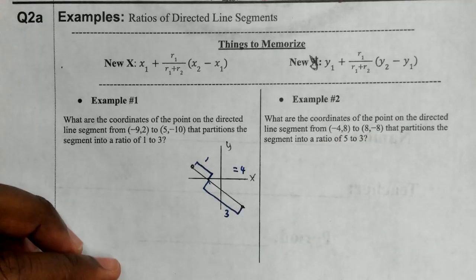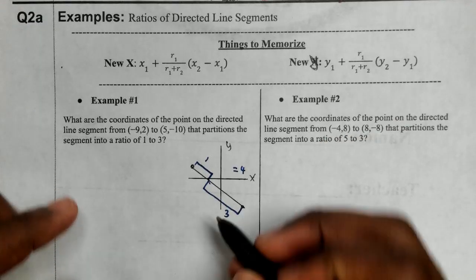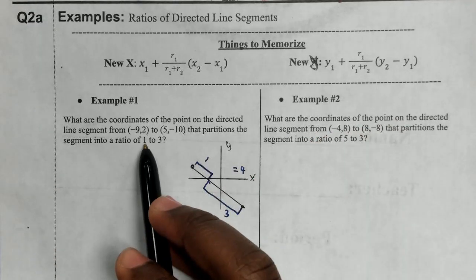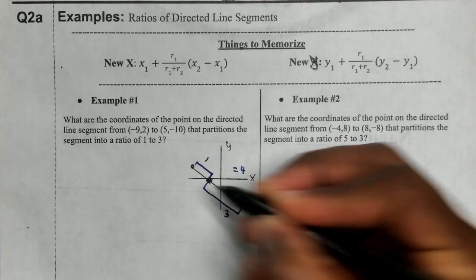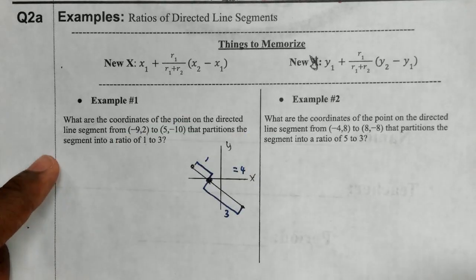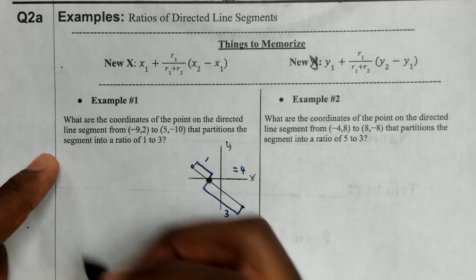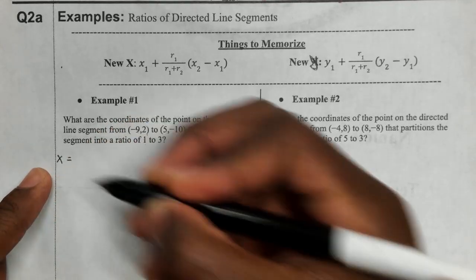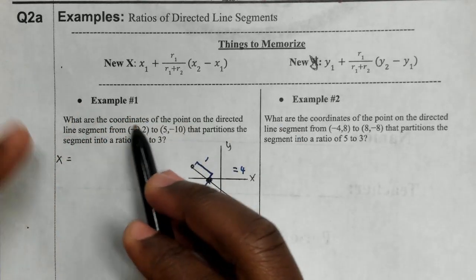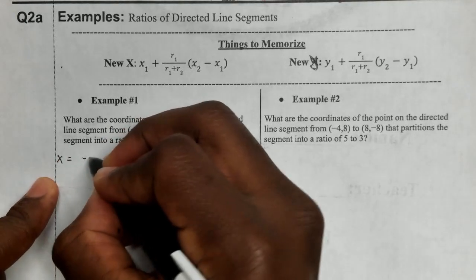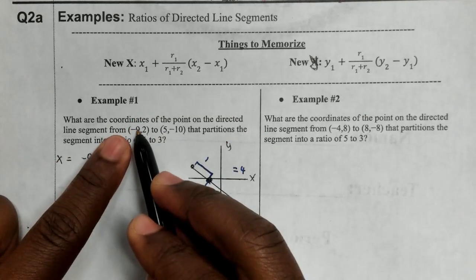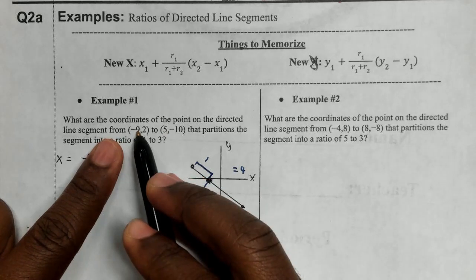So for us to evaluate what the partition will be to break it up into 1 to 3, we're essentially trying to find this point right here. For me to do that, I need to first evaluate how the x value will change. So we started at -9, and then went from -9 to 5, so that means we went up.